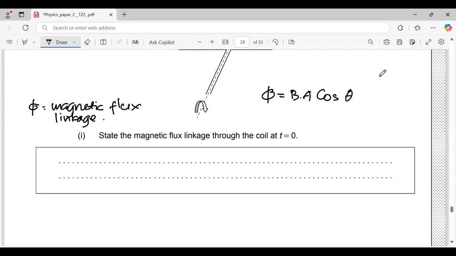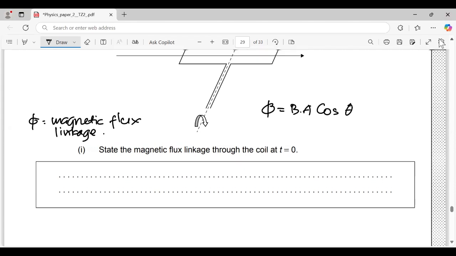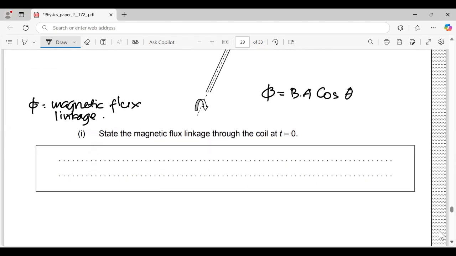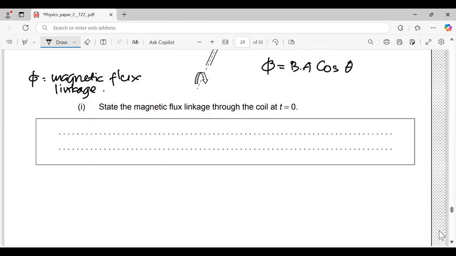Again, B is the magnetic flux density, A is the area of the coil, and when this coil rotates it affects the magnetic flux.